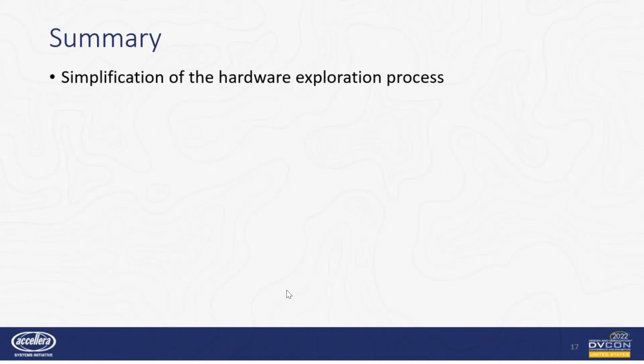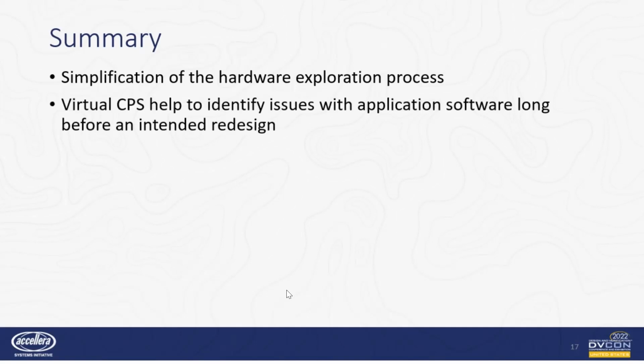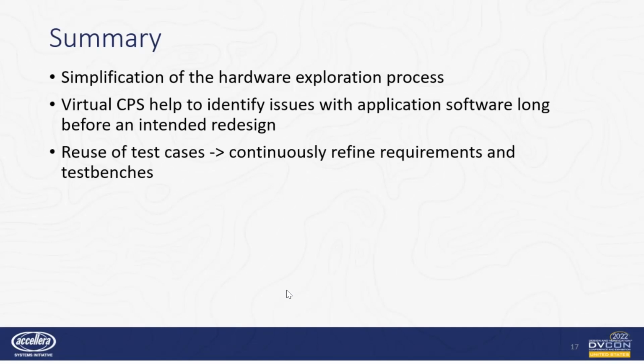That reflects performance metrics for the application software, like timing, control loop frequency, and interrupt handling, to match the real-time capability of the system. The virtual cyber-physical system helps to identify issues with the application software and the hardware architecture long before an intended redesign.